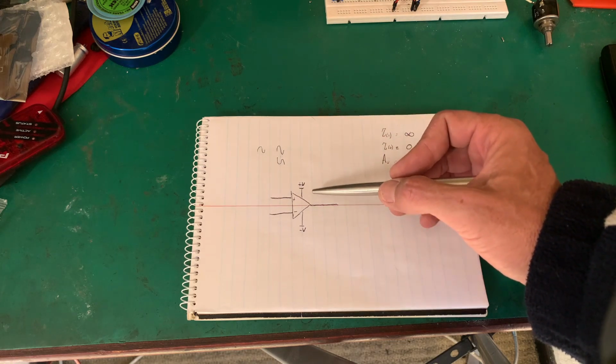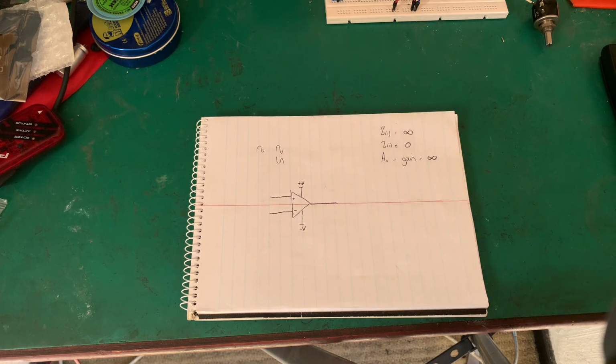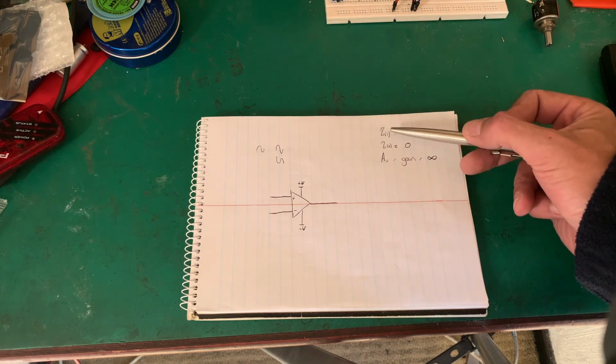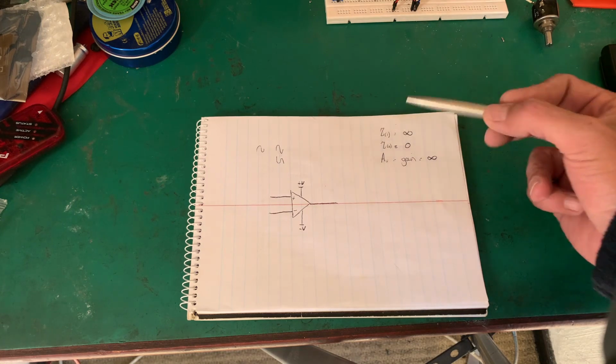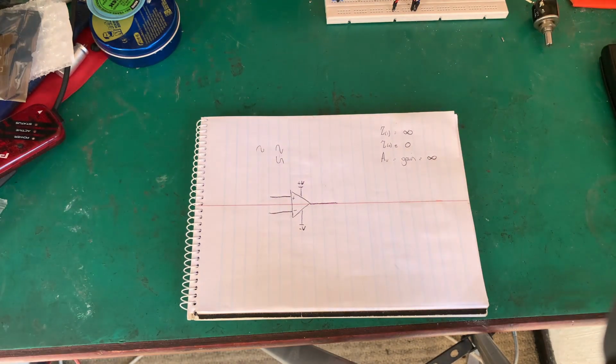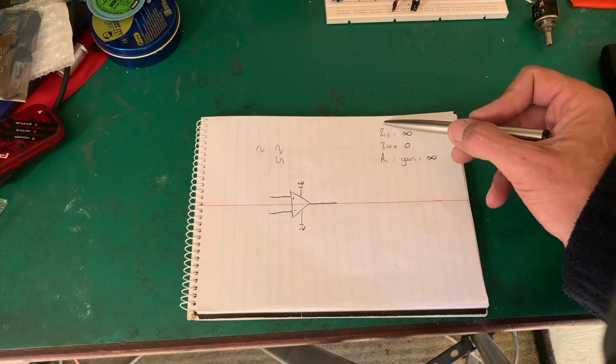Now, we're going to talk about this op amp as an ideal op amp, the perfect op amp, in other words. And up here I've drawn a few rules. Z denotes impedance. Impedance, the ratio of voltage to current. So what does it mean?